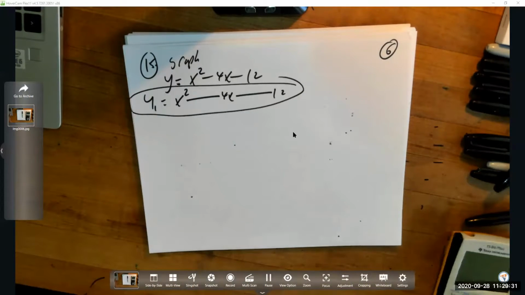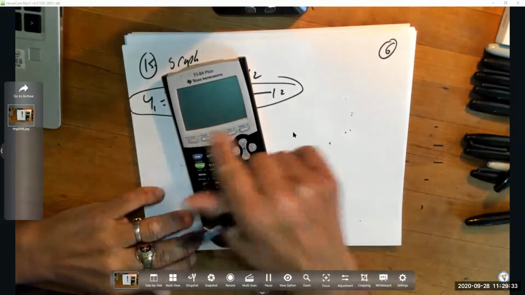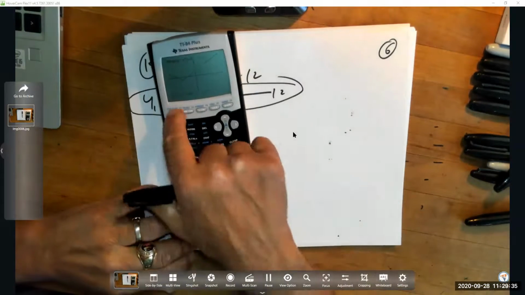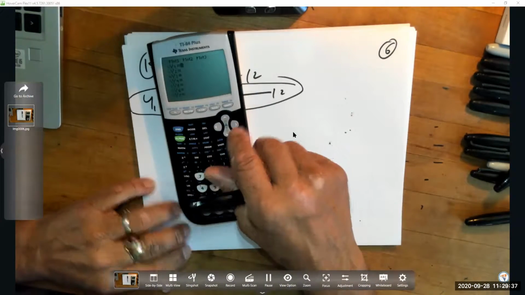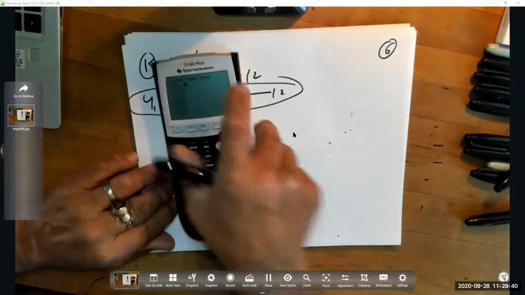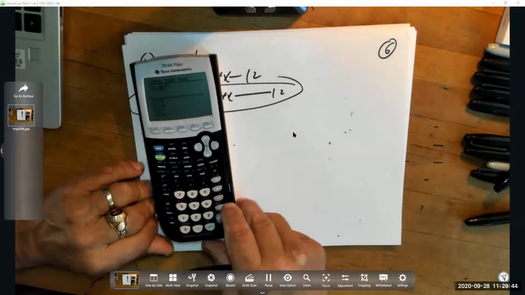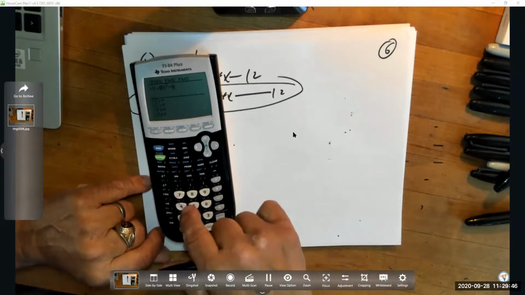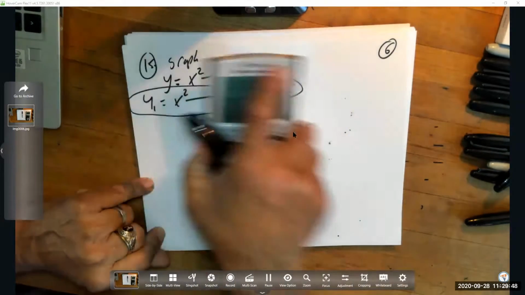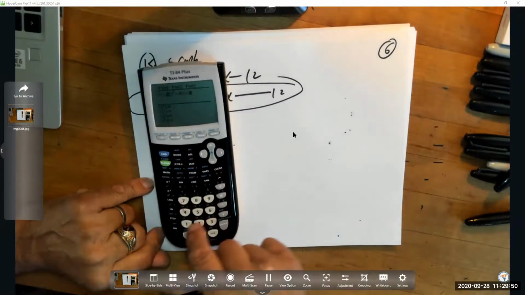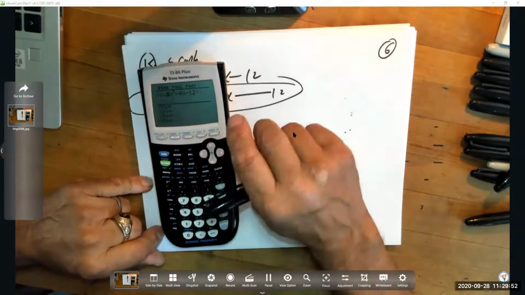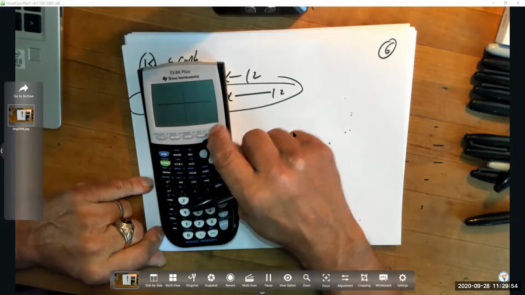Okay, so we're going to put it in the calculator. Ready? So y, clear that stuff out of there. Now I'm going to put in x squared minus, big minus sign, 4x minus 12. So let's just hit it.